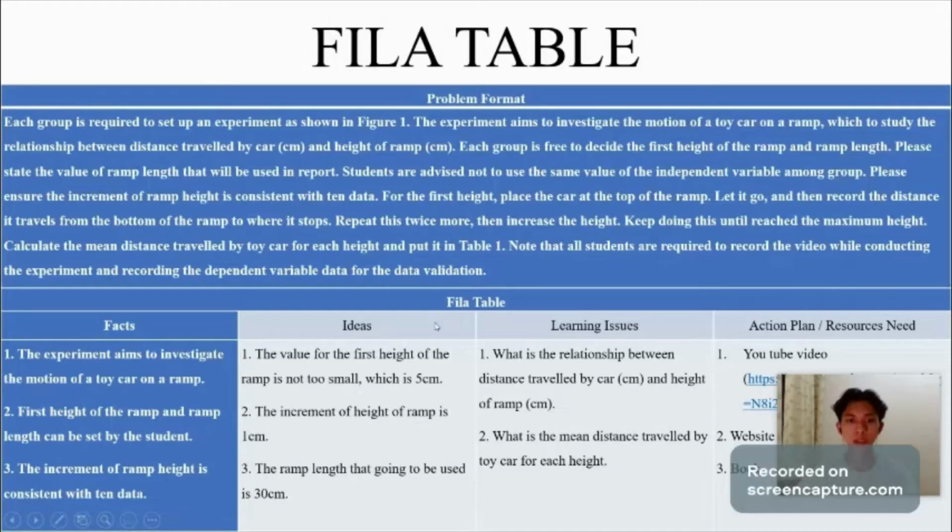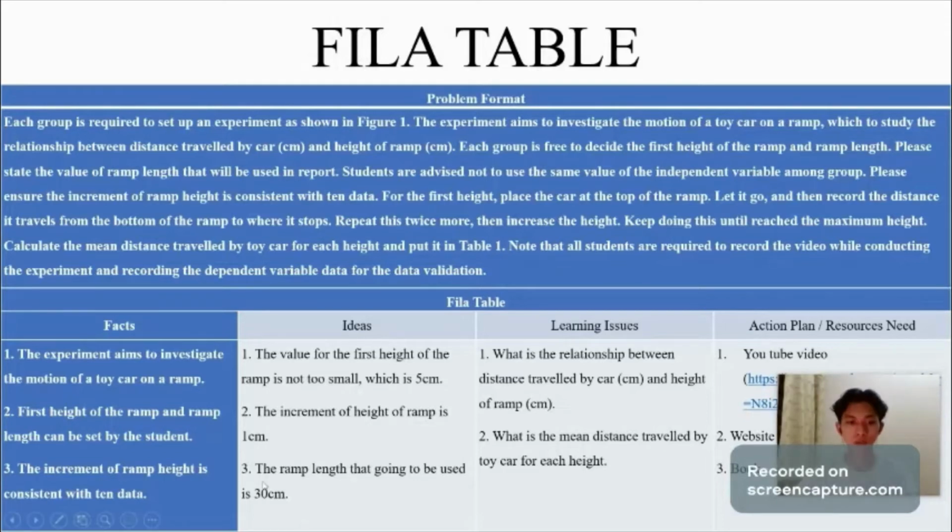Next are the ideas we got from the problem format. The value for the first height of the ramp is not too small, which is 5 cm, and the increment of the height of the ramp is 1 cm, which means the first data is 5, the second one is 6, and then 7, 8, 9, and so on.